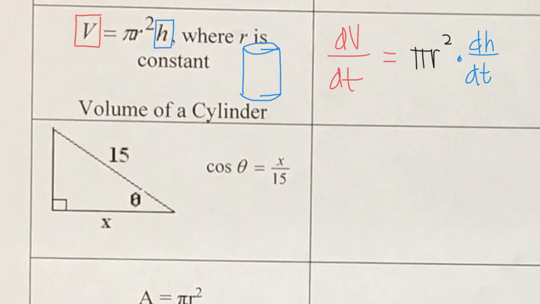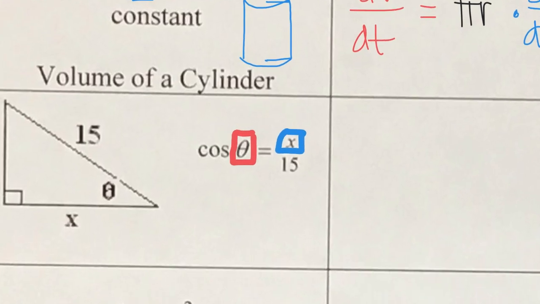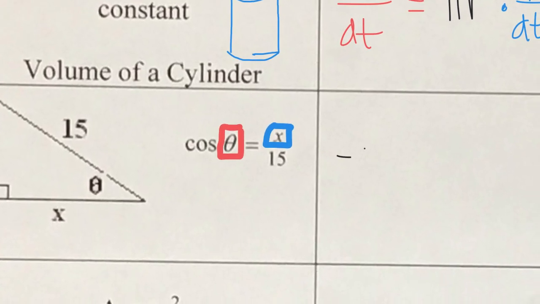So what's our variable? The variable is theta, and our variable is x. Okay? So we take the derivative of cosine. What's the derivative of cosine? Negative sine of theta. So here's the tricky part.